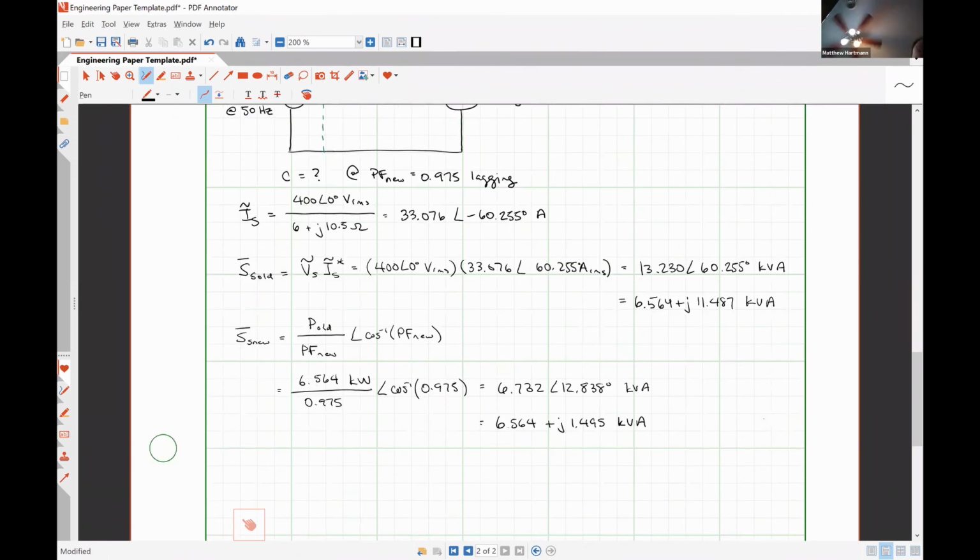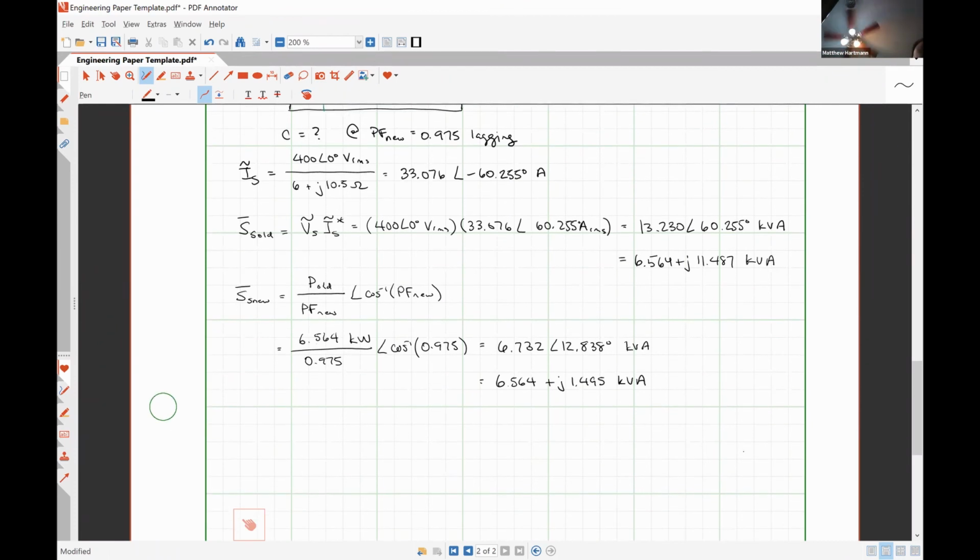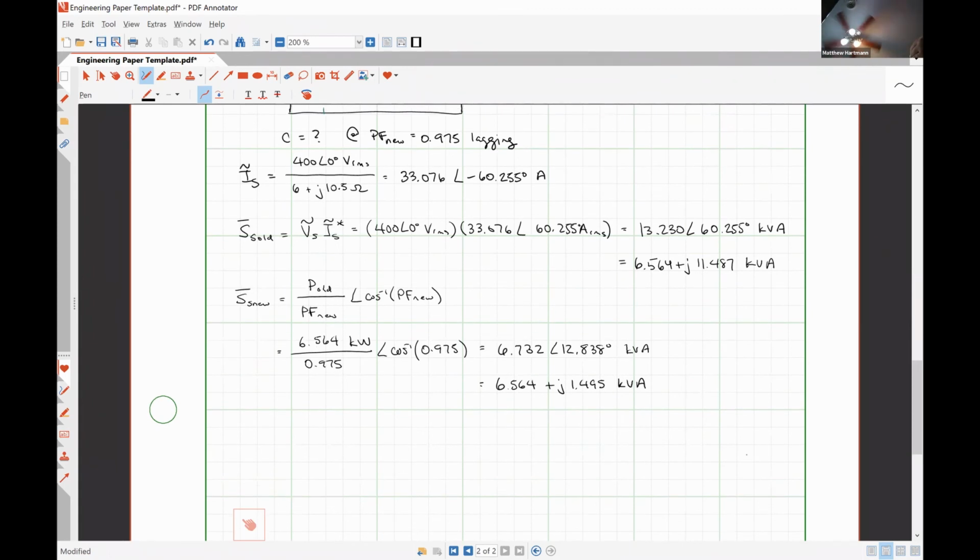All right, so now I have enough information to determine my capacitor value, or very nearly.